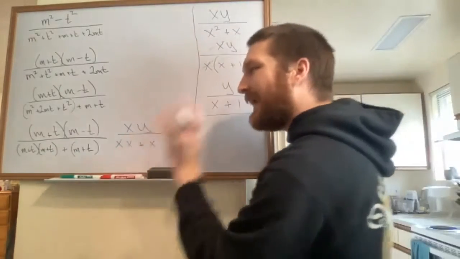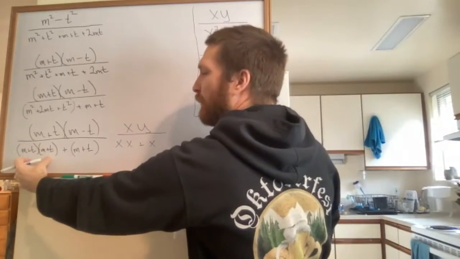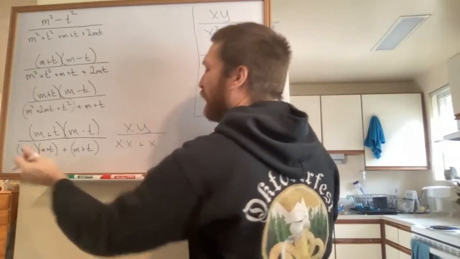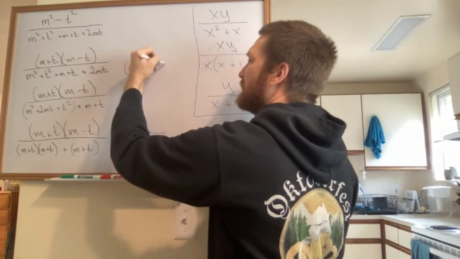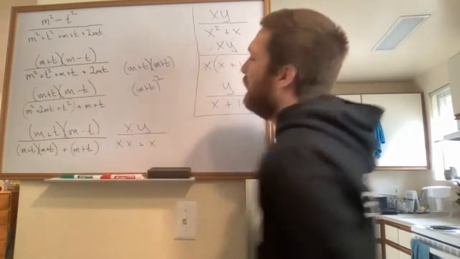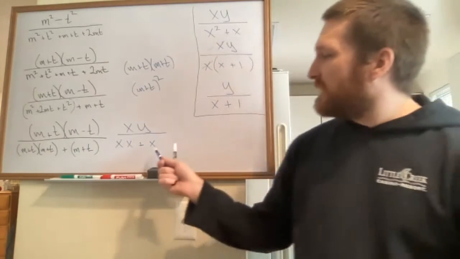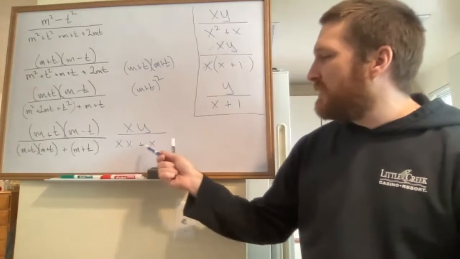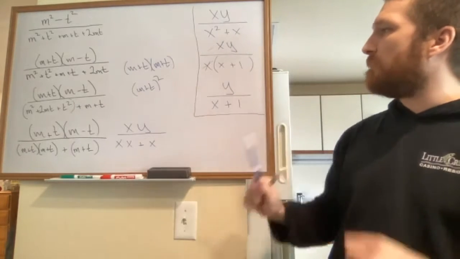The way we chose to write it was M plus T times M plus T. We could have written it as M plus T squared. Either way, it's not going to matter. In order to cancel that X right there, we had to factor out an X from there.